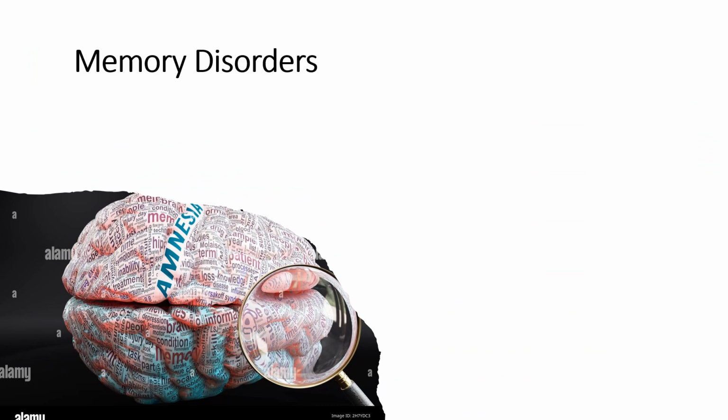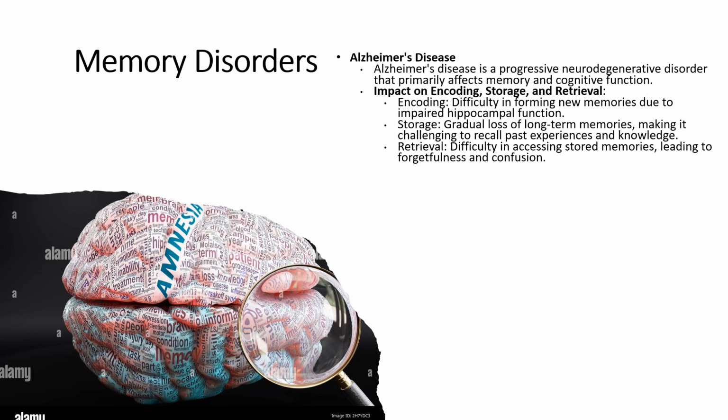Memory disorders. The first one we have is Alzheimer's disease. Alzheimer's disease is a progressive neurodegenerative disorder that primarily affects memory and cognitive functions. The impact on encoding, storage, and retrieval.